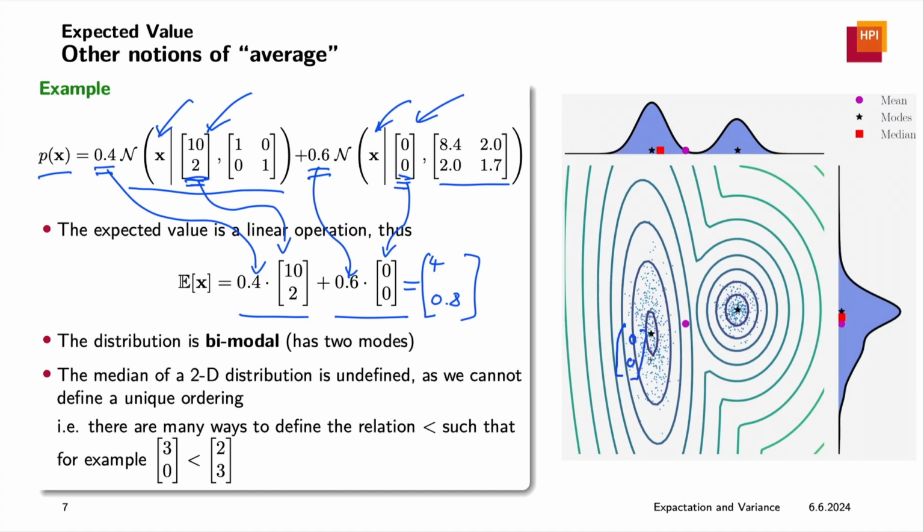And you see that all the points that we get from this mixture fall around these two original expected values.